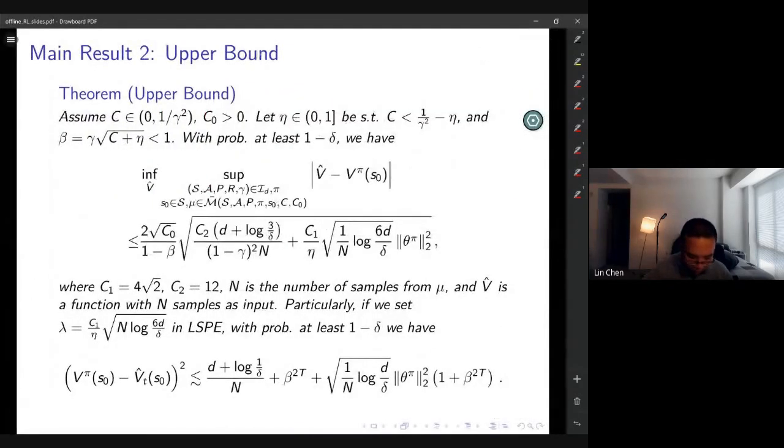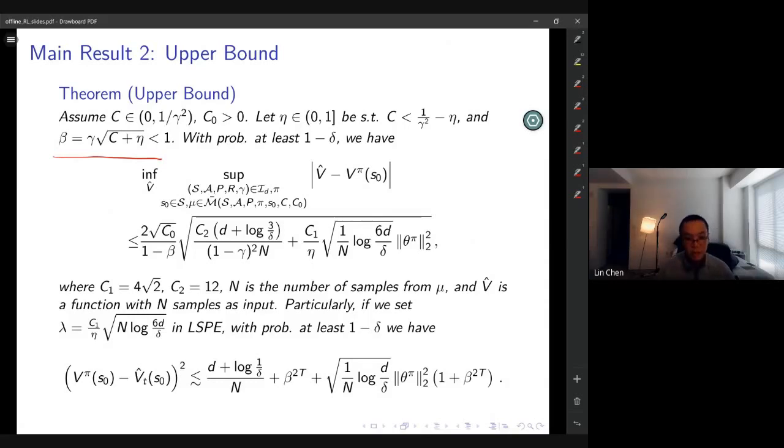Okay, and the lower bound result is this. Assume that C is between 0 and 1 over gamma squared, and C0 is greater than 0, and let eta be between 0 and 1, such that C is less than 1 over gamma squared minus alpha, and beta is some constant less than 1. Then with probability at least 1 minus delta, we have this minimax result.